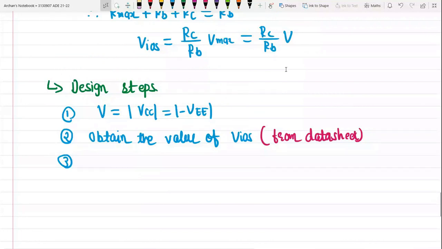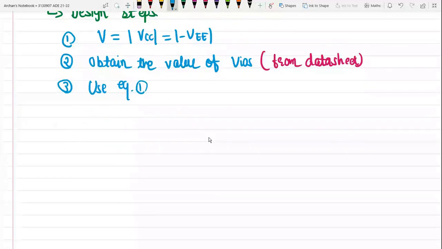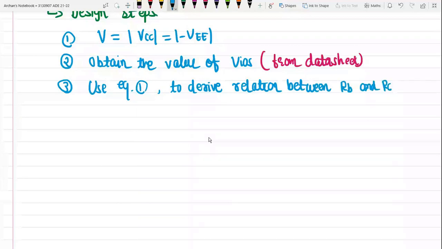Let us say this is my equation number 1. We will use equation 1 to derive the relation between RB and RC. Then we will select the value of RC.